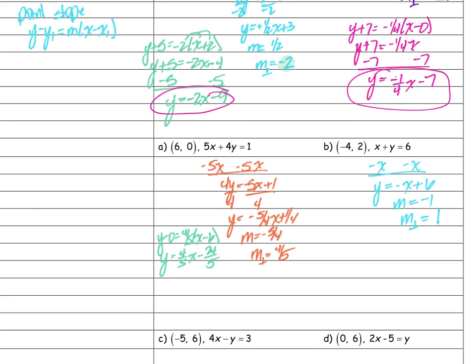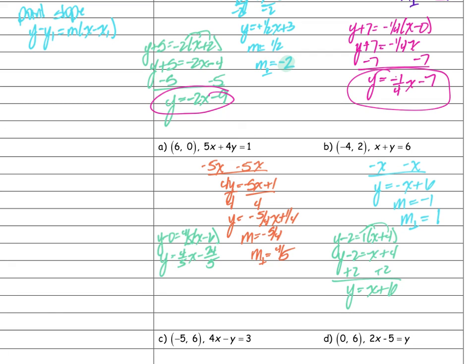Then I get y minus 2 equals 1 times x plus 4. Distribute. Y minus 2 equals x plus 4. Add 2. Y equals x plus 6.